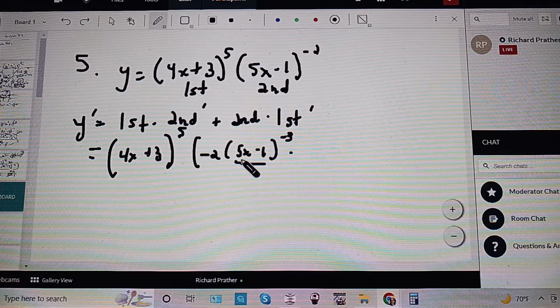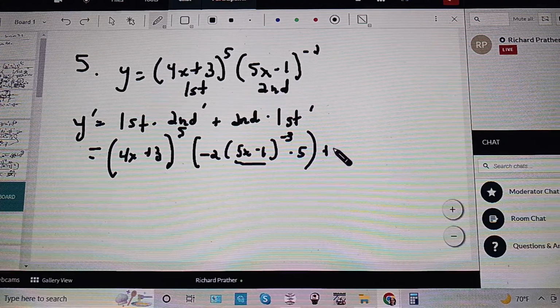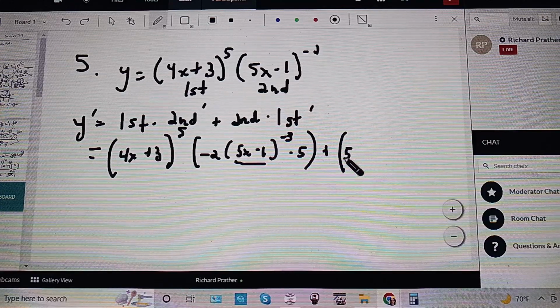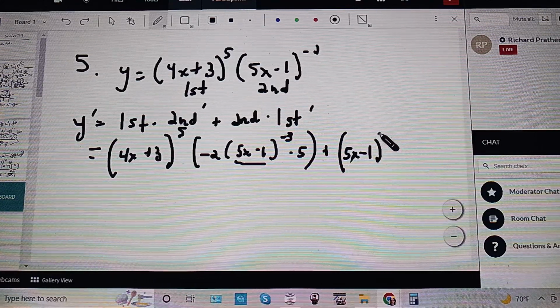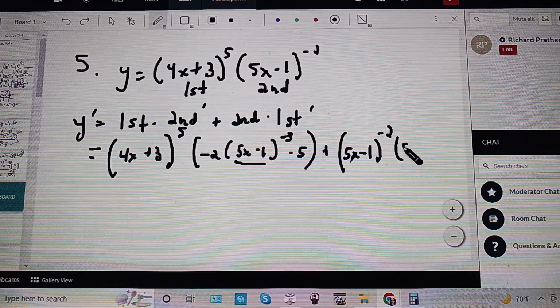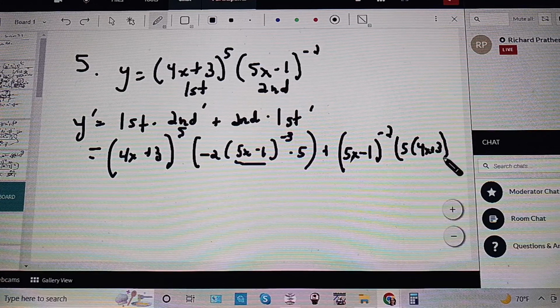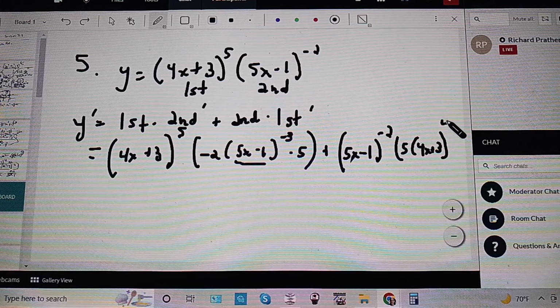The derivative of 5x minus 1 is 5 because that's a linear mx plus b format. So the derivative of that's 5. Plus, now you do the second function exactly like it is. And then times the derivative of the first, but the derivative of the first is going to be at first a power rule and then a chain rule. 5 times 1 is 5. Rewrite the base. Decrease the exponent by 1. And then derivative of the inside, that's 4.